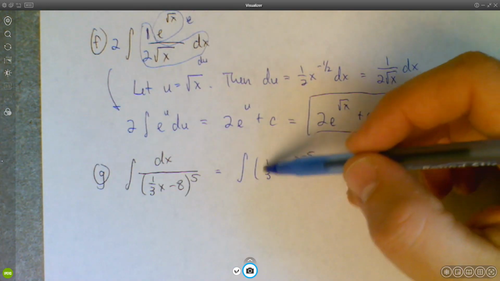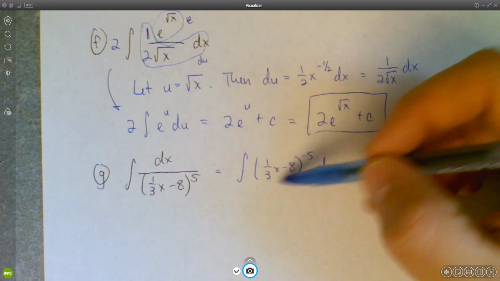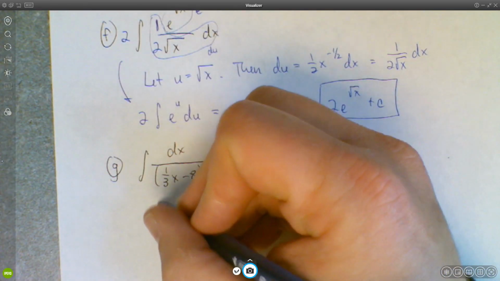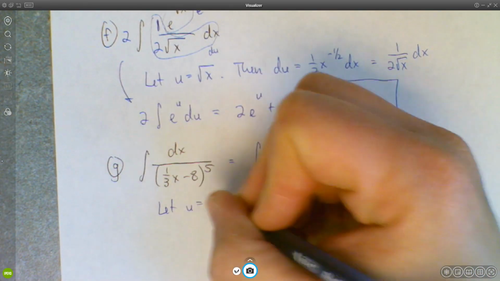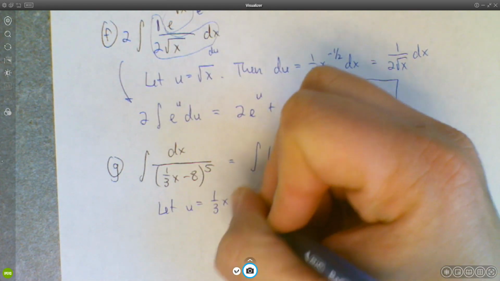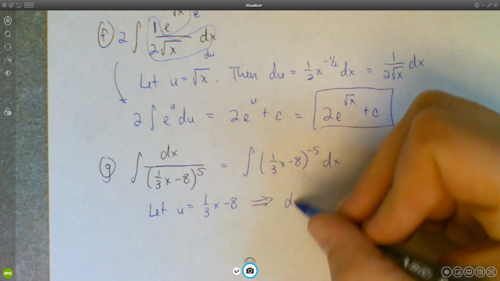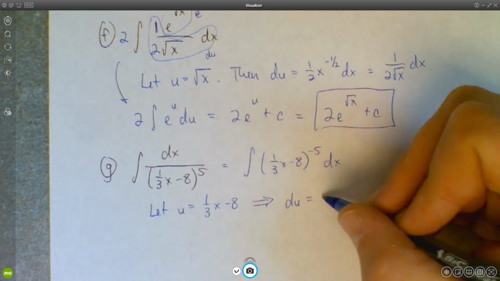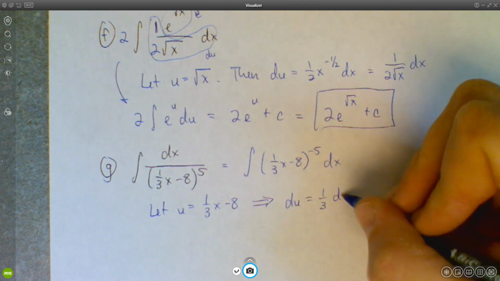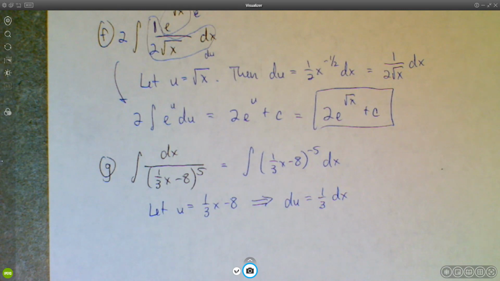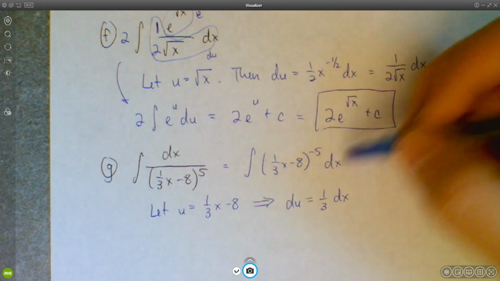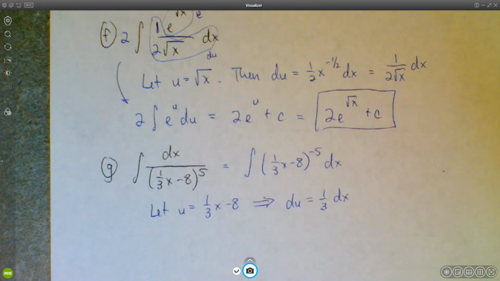I'm just going to let u be 1/3 x minus 8. Then du is going to be 1/3 dx. Now I don't have a 1/3 dx, I just have a dx, but I can force it to be 1/3.